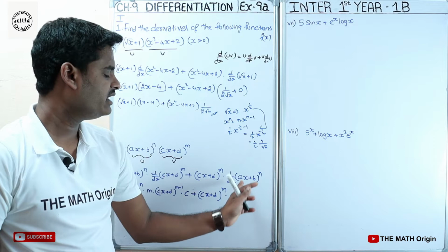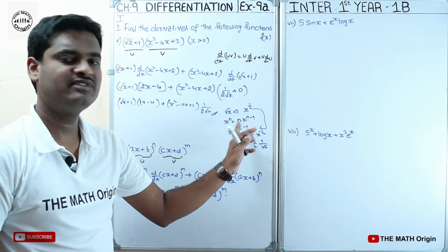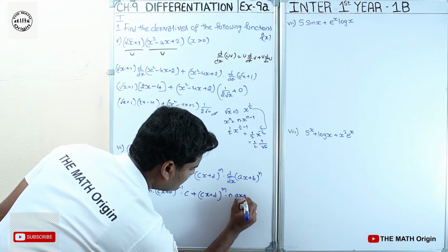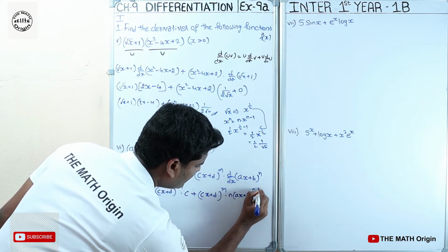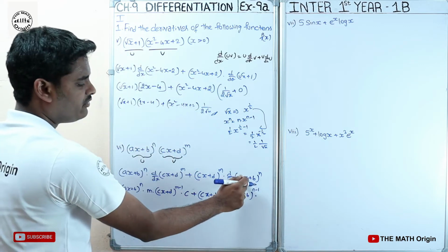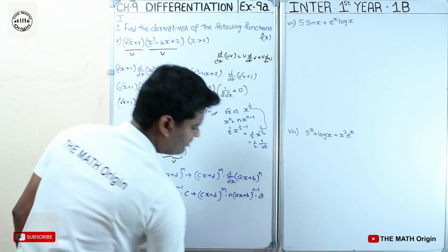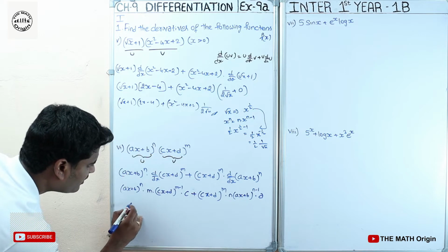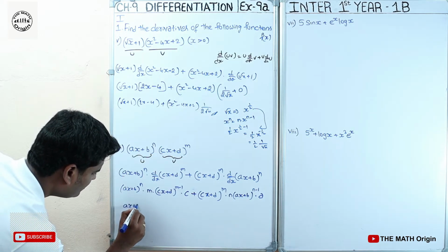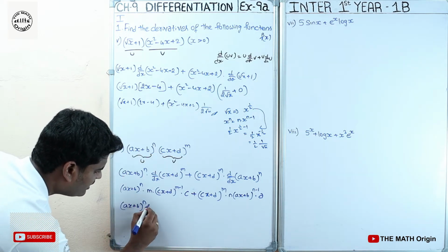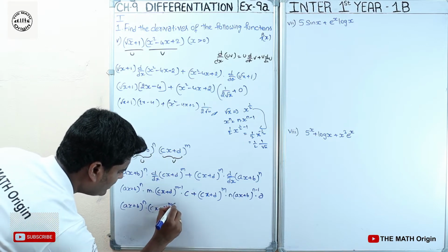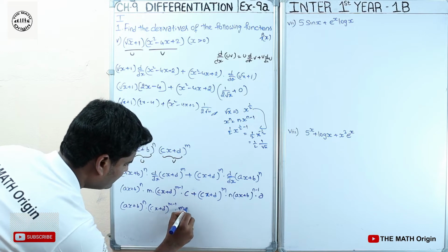So it is in the form of x power n, and x power n means n into x power n minus 1. So it will be n into ax plus b whole power n minus 1 into the internal derivative of ax, which will be a. Now I will write it as ax plus b whole power n into cx plus d whole power m minus 1 into mc.